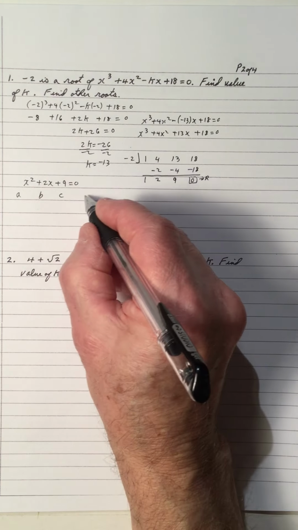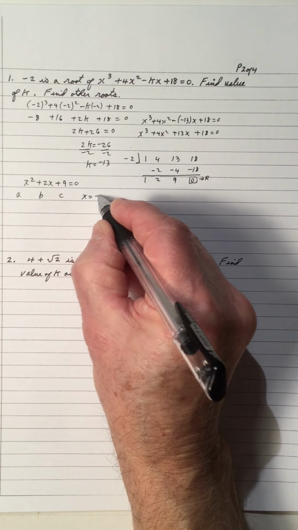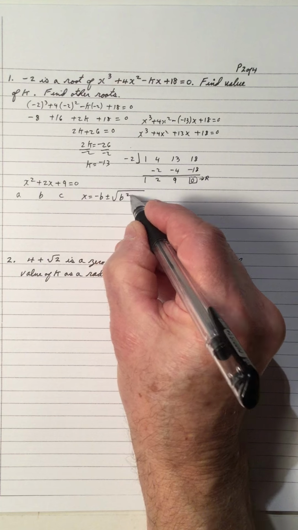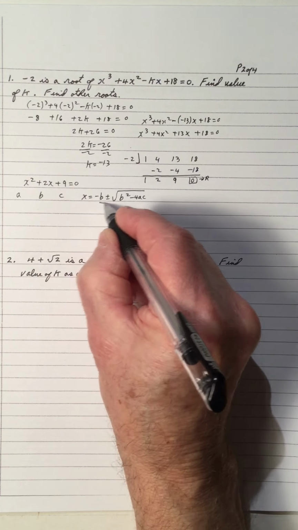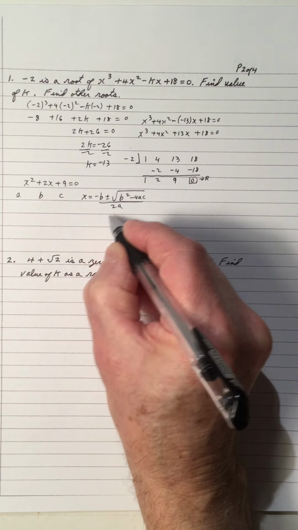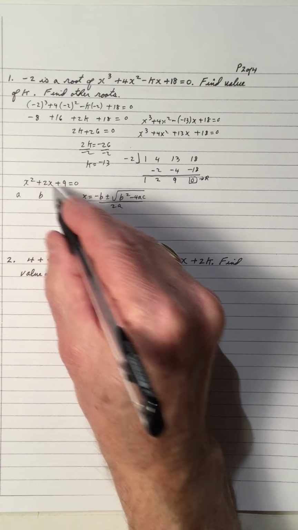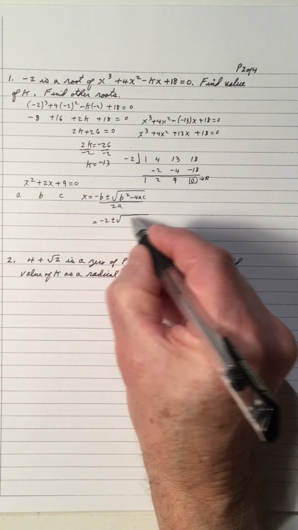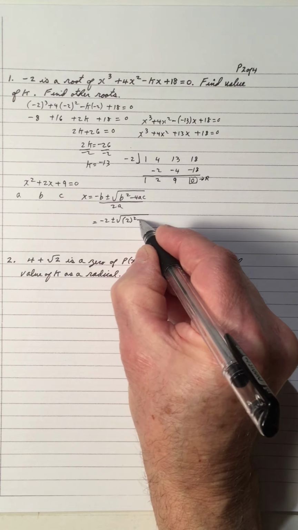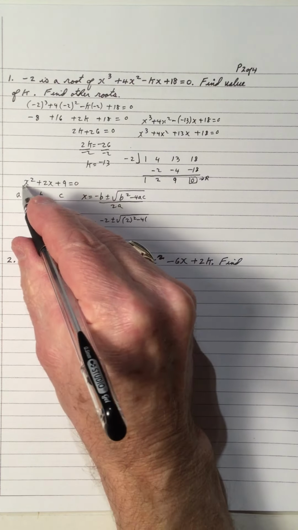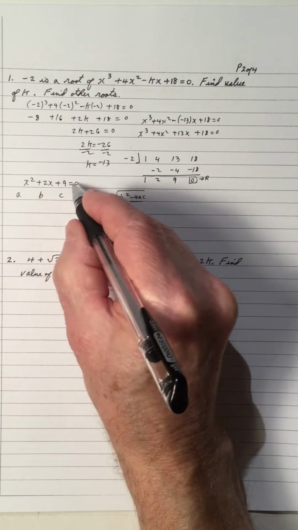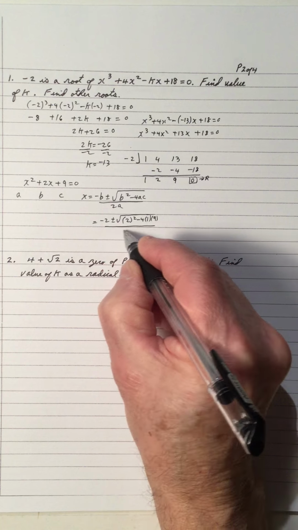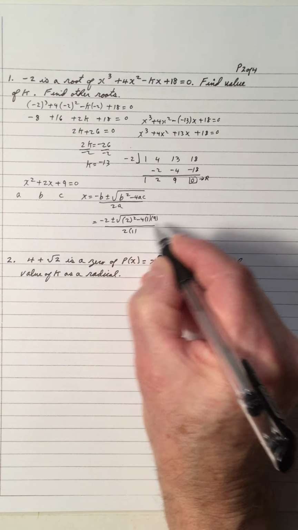So we have to use the quadratic formula. x equals negative b plus or minus the square root of b squared minus 4ac, all over 2a. So b is 2, so it's negative 2 plus or minus the square root of 2 squared minus 4, a is 1, c is 9, all over 2 times 1.